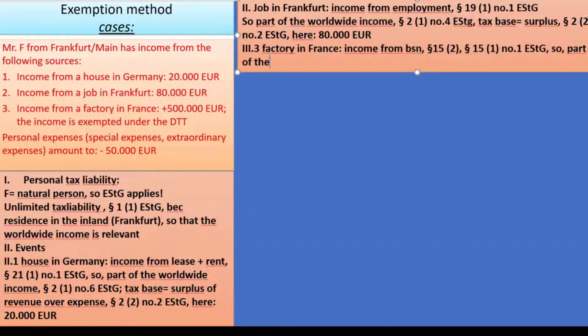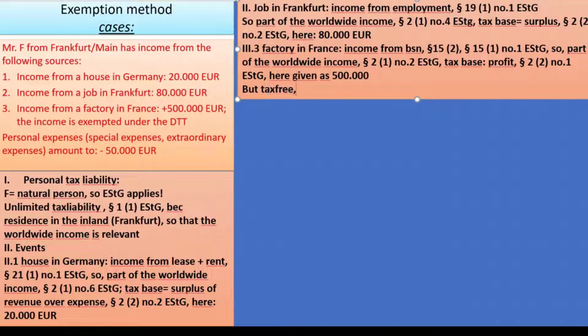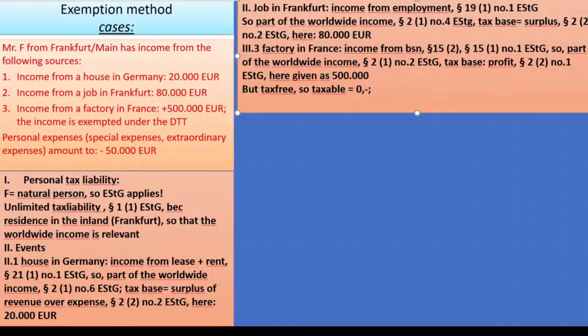So part of the worldwide income because it's part of the 7 types of income. The tax base for income from business is the profit. 2(2), number 1 EStG. That is usually determined by balance sheet, and it's here given as 500,000, but it's tax-free, so taxable is 0. But it's relevant for the proviso safeguarding progression.